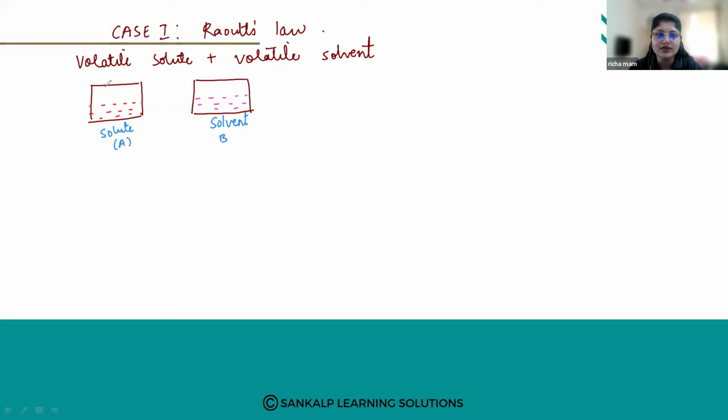Now are these vapors in pure state or impure? This is a pure component A and this is a pure component B. Only one type of molecule is formed in solute, and in solvent also one type of molecule is formed. So this component A will be denoted as P naught of A, and the vapors of solvent B will be denoted as P naught of B.